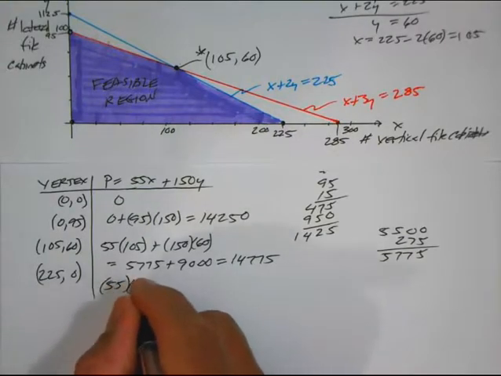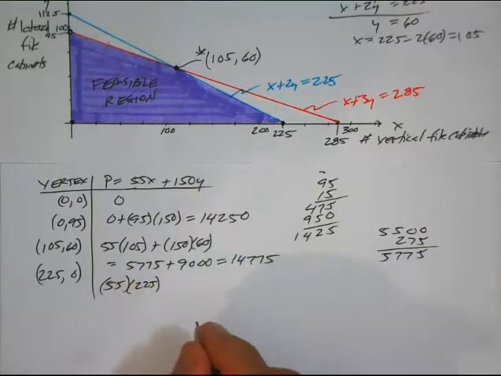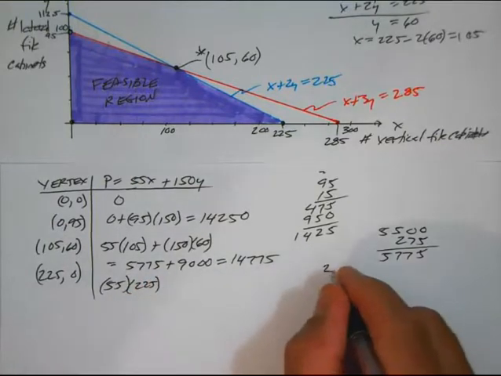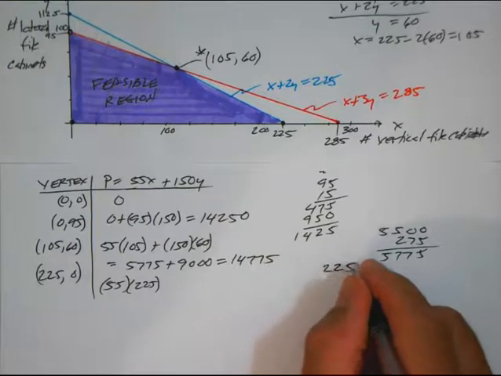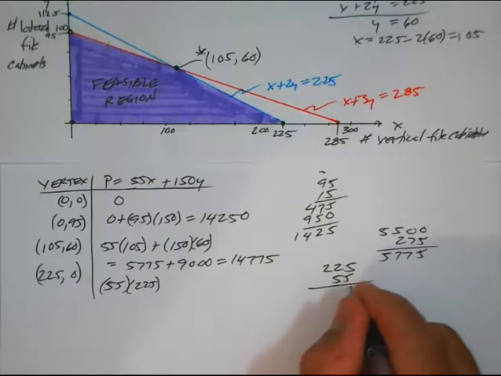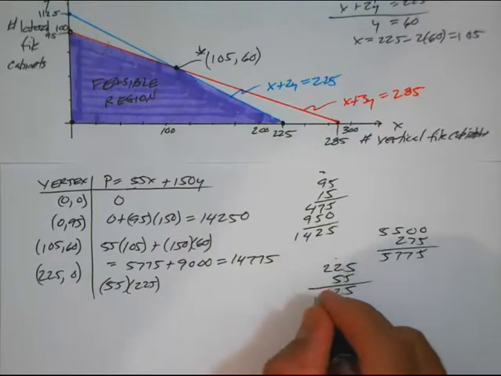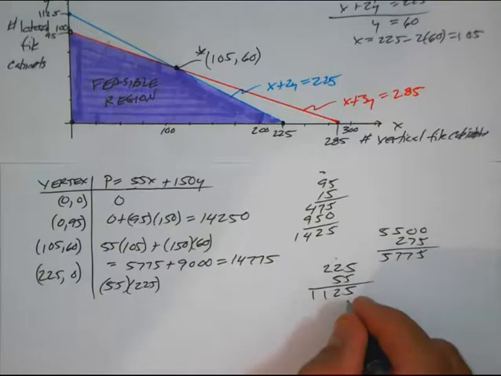Okay. Last vertex, 225 by 55. Okay. Here we go.